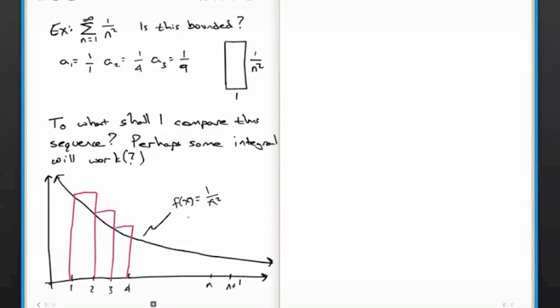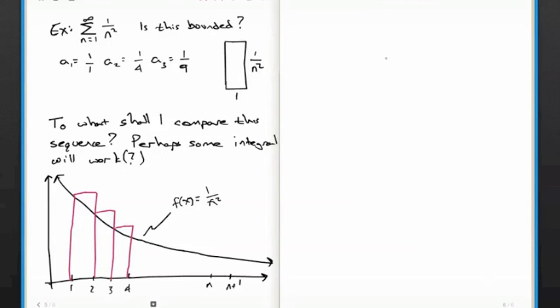Well, here I have some comparisons. So I could say that the area under this curve is somehow related to these sums that I'm interested in. So this is 1 over 1 squared, and then times 1. So this area is like this.